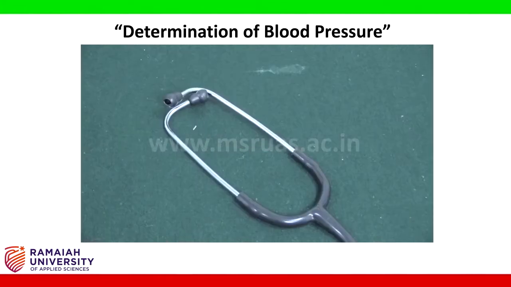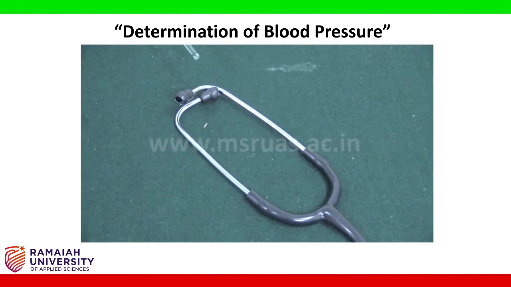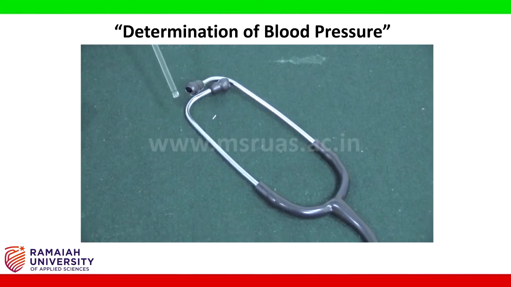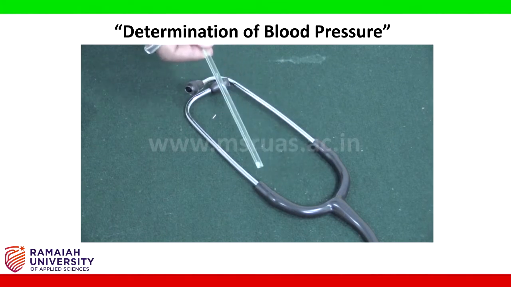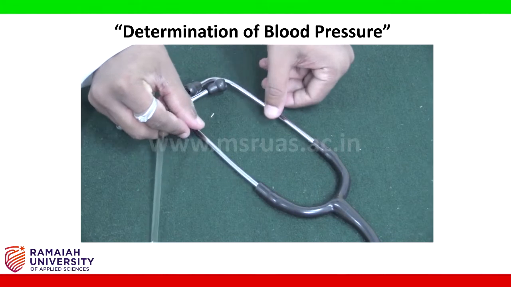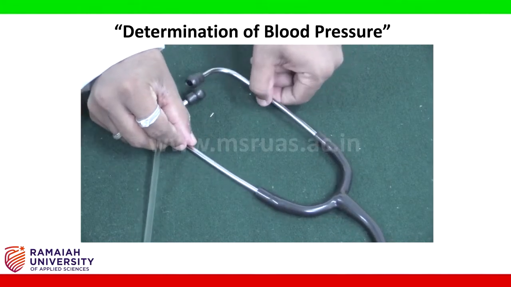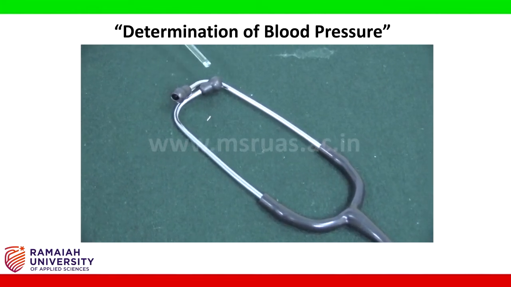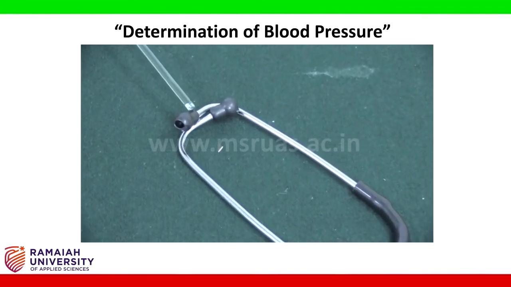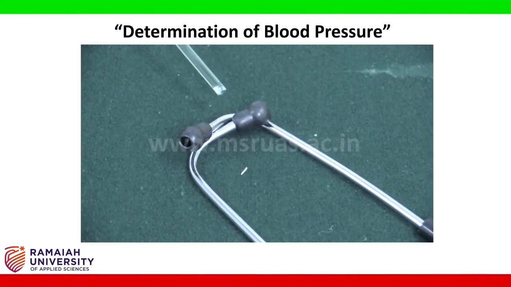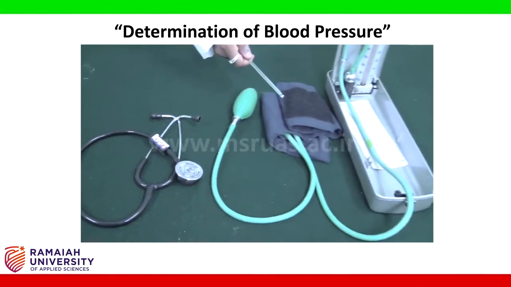Ear frame consists of two curved metallic tubes joined together with a flat U-shaped spring which keeps them pulled together. The upper ends of the tubes are curved so that they correspond to the curve of the external auditory meatus. And sphygmomanometer.